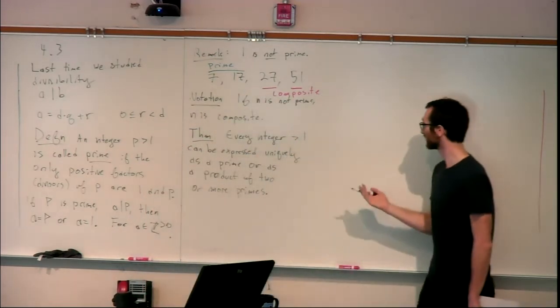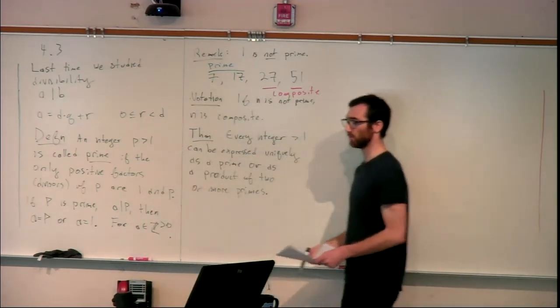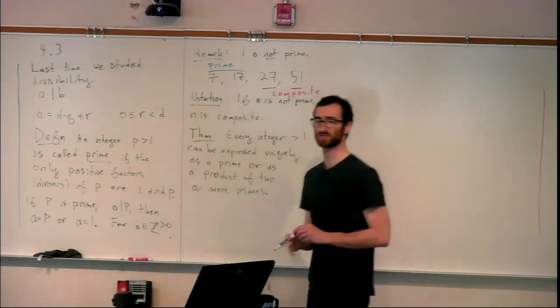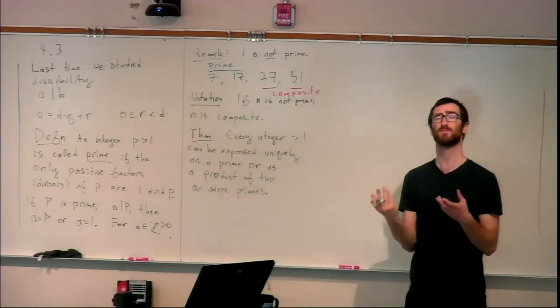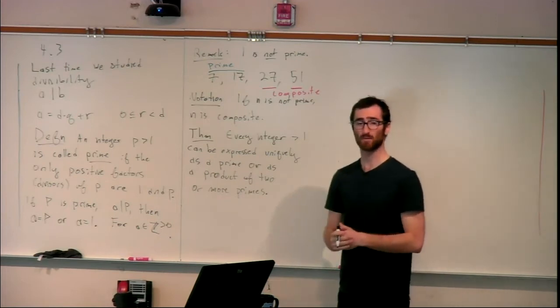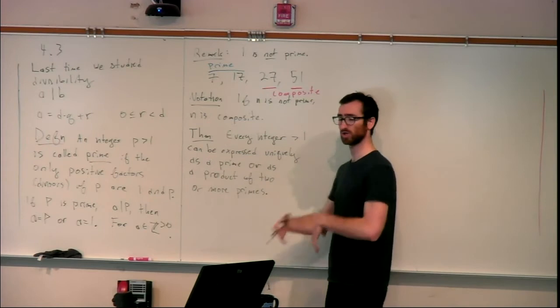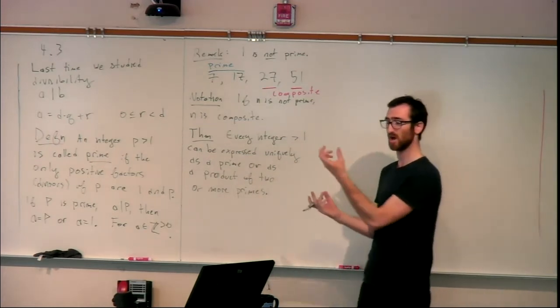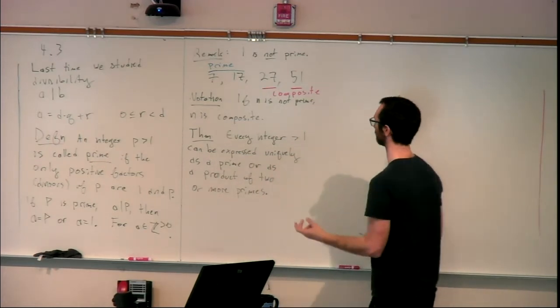Right? So what this is saying is that whenever we consider an integer and we want to be thinking about divisibility properties in the integers, one of the first things that we can always remember is that we can always express any integer uniquely as some product of these basic building blocks, just the primes.